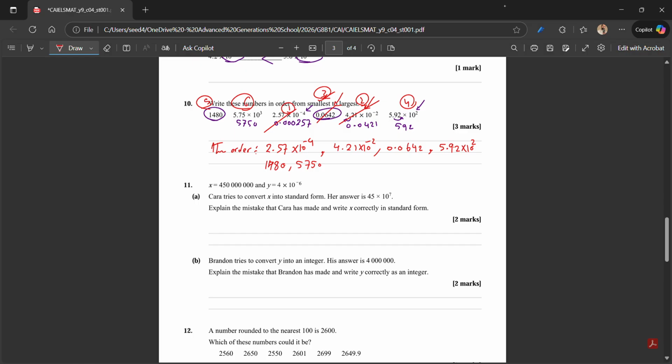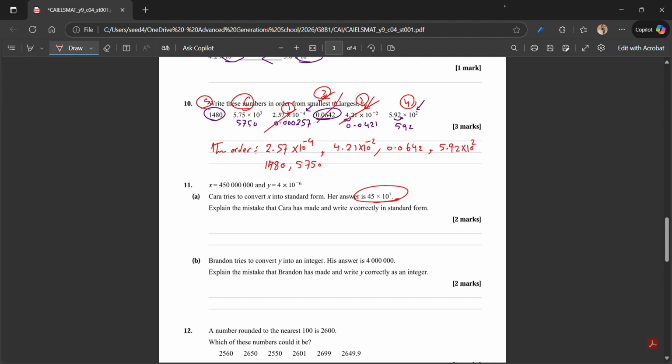By this way. Here, guys, question number 11. He said x equals 450 million and y equals 4 times 10 power negative 6. He said someone converted x into standard form, and your answer is this one.